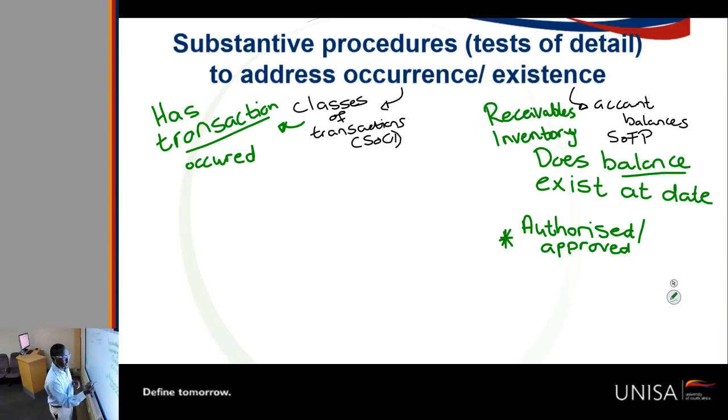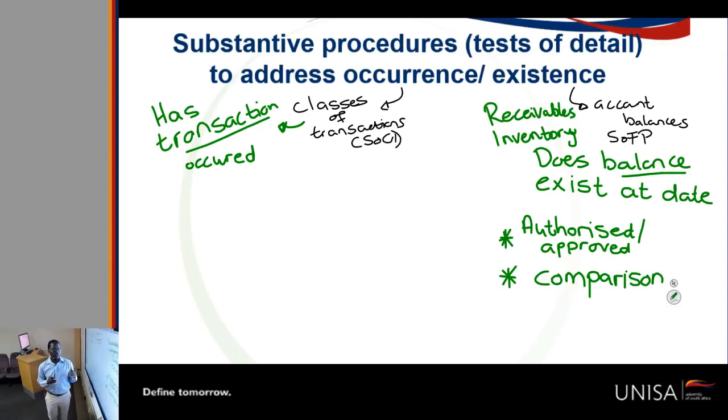What I would also suggest is that you do a comparison, assertion by assertion.